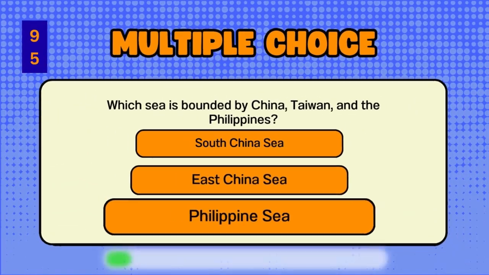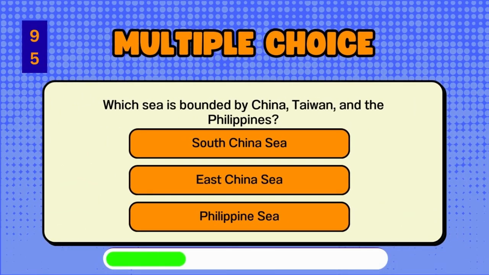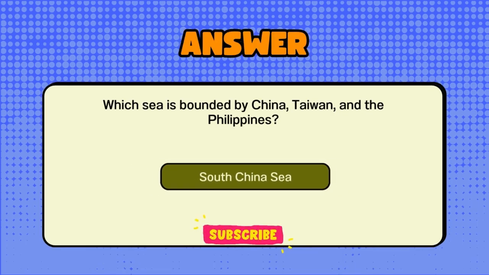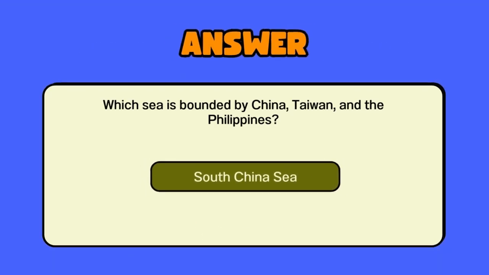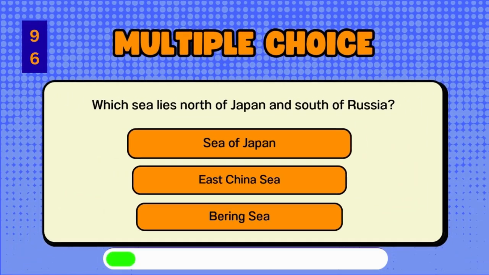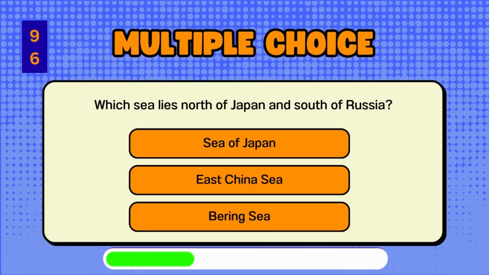Which sea is bounded by China, Taiwan, and the Philippines? Which sea lies north of Japan and south of Russia?